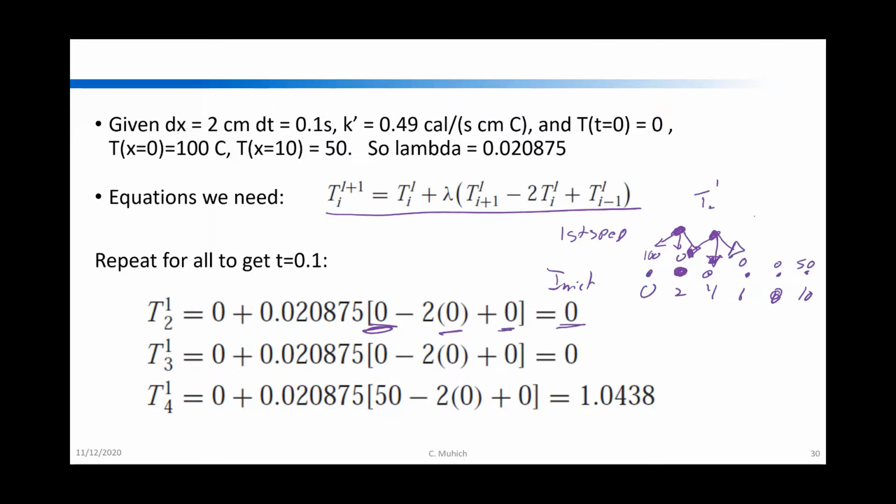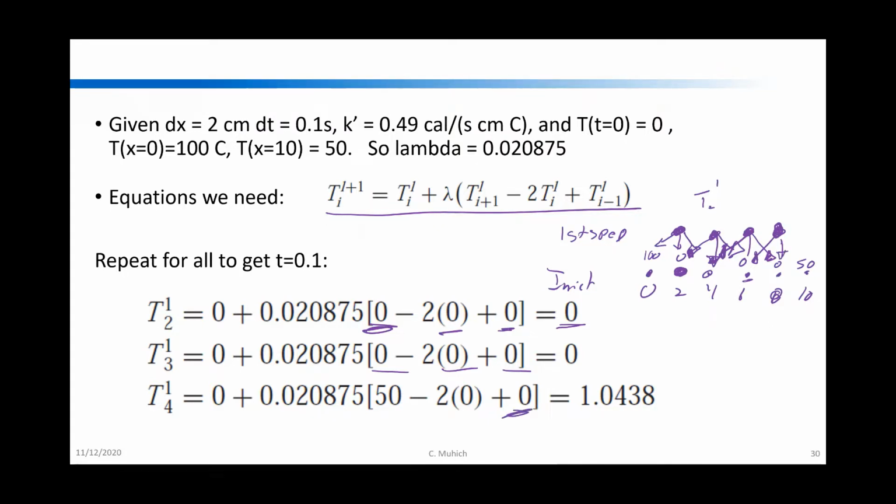When I look at point 3 at my first time step, I look back to point 4, 0. I look back to itself, 0. I look back to the previous point to the right, which was 0. Then when I get to point 4 in that next step, I look back to this point, which was 0.